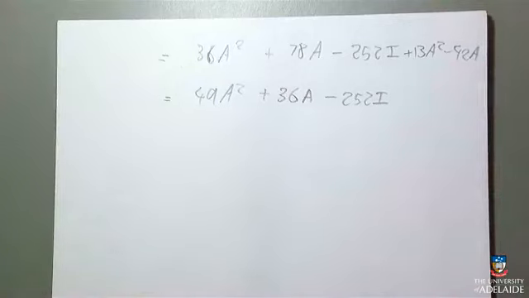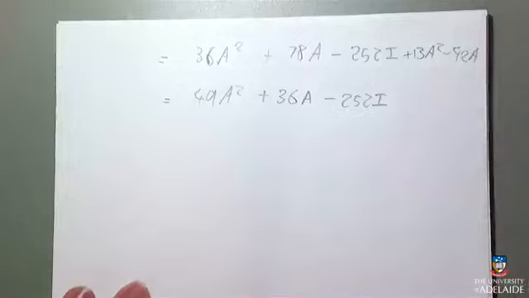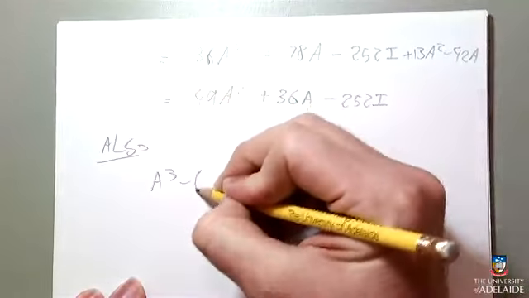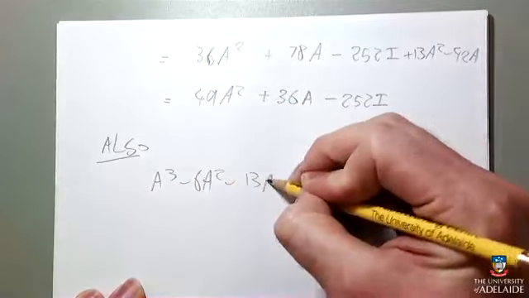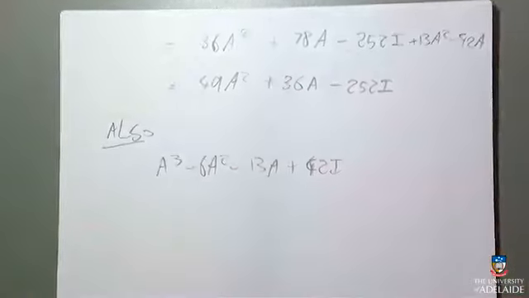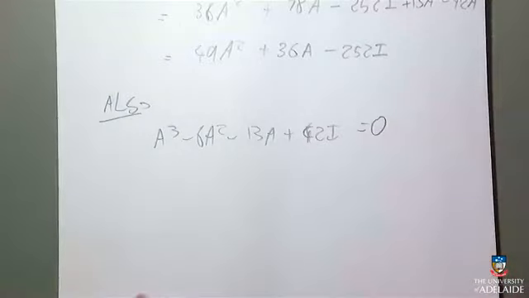Right. Not just that, we can do the inverses using the same rule. If we go back to the original, a cubed minus 6a squared minus 13a plus 42i equals the 0 matrix. I can rearrange this.